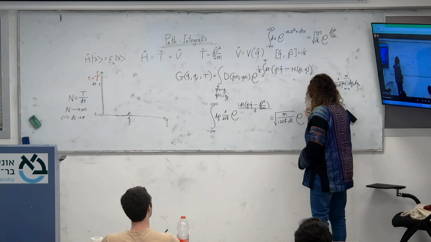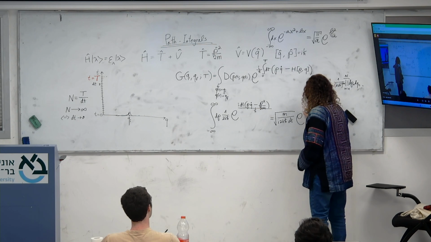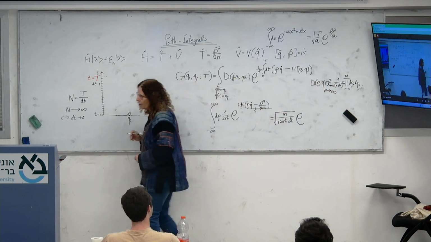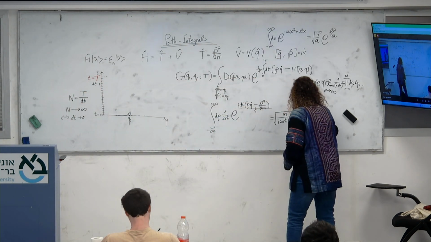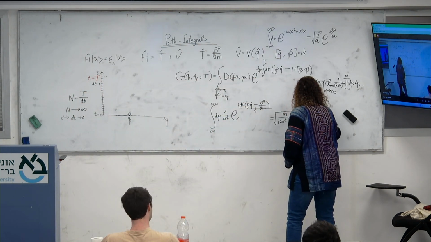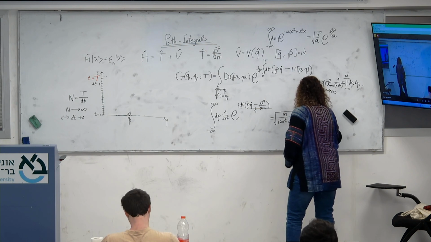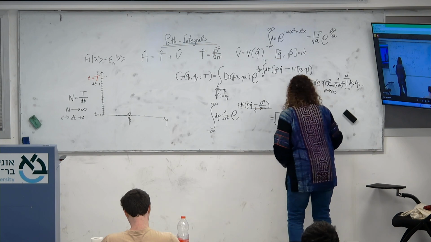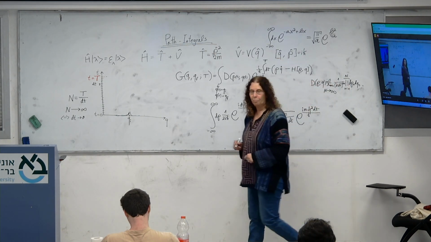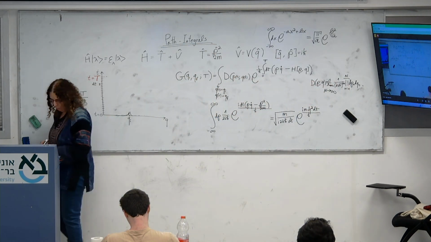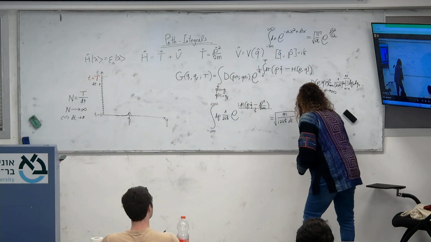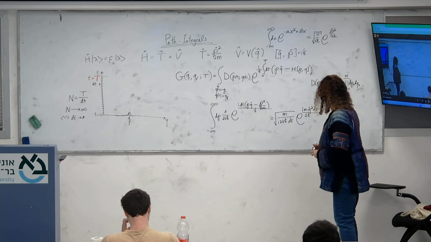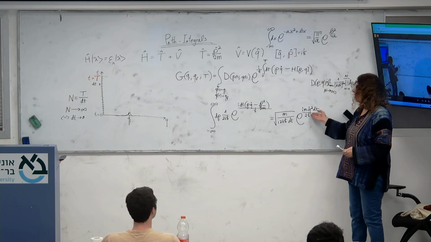So what I'm getting here is e to the plus i m q dot square dt divided by h bar, right? Now, what is this? There's actually a factor of 2. Yeah. Okay. What is this?